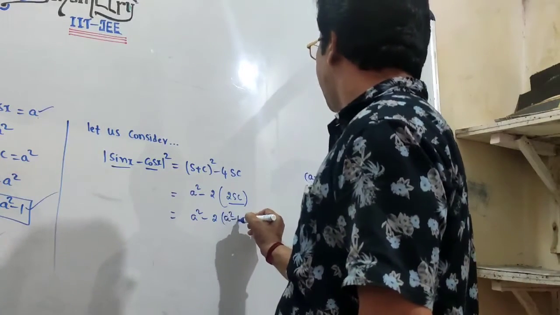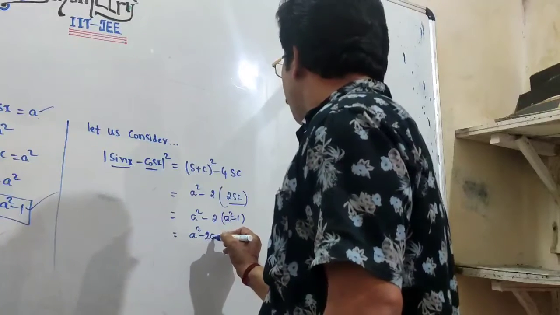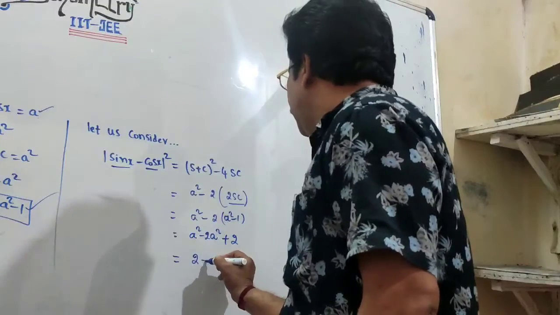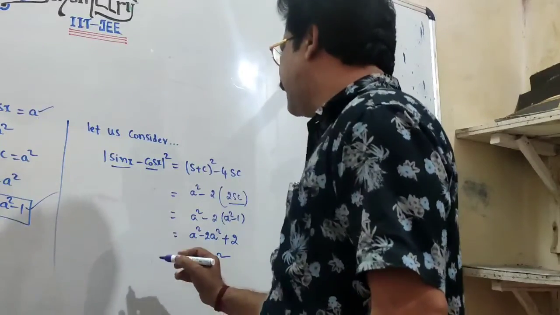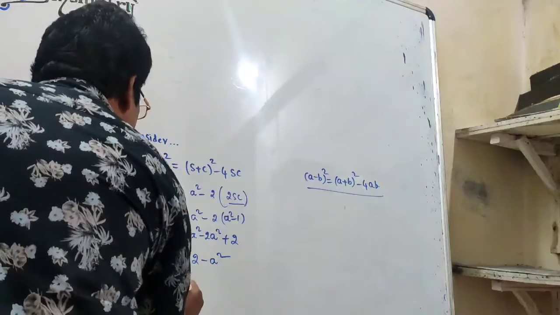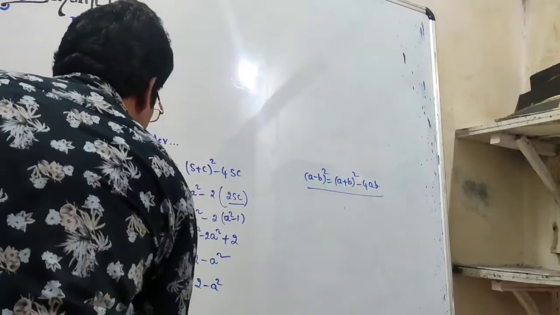Therefore a square minus 2a square plus 2, that is equal to 2 minus a square. So modulus of sin minus cos whole square is equal to 2 minus a square.